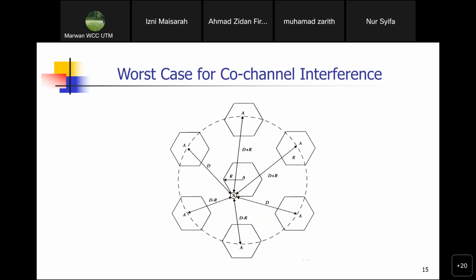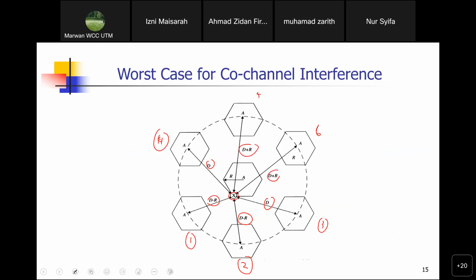If you assume the user to be here, then from co-channel cells 1 and 2, the distance is D minus R because they are actually nearer. For 3 and 4, the distance is D. But for 5 and 6, where the co-channel comes from the back, the distance is D plus R.